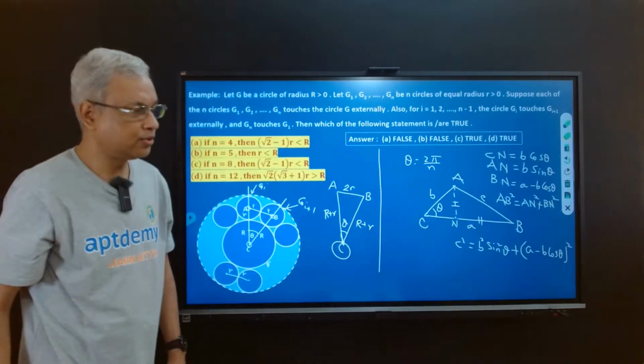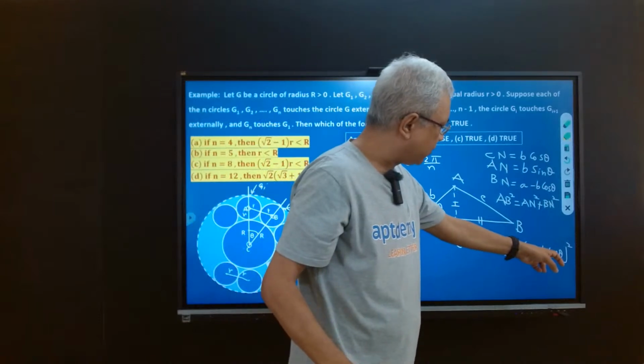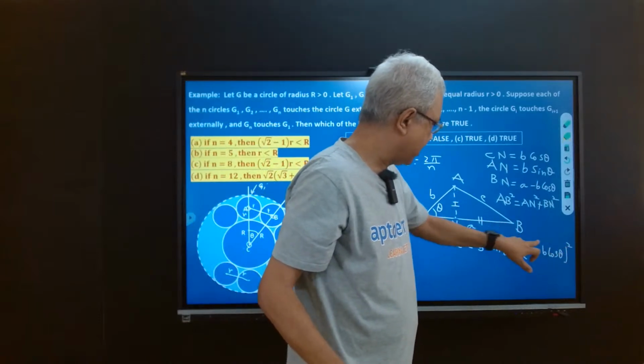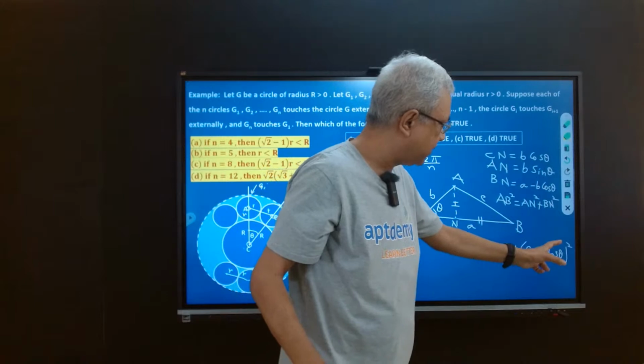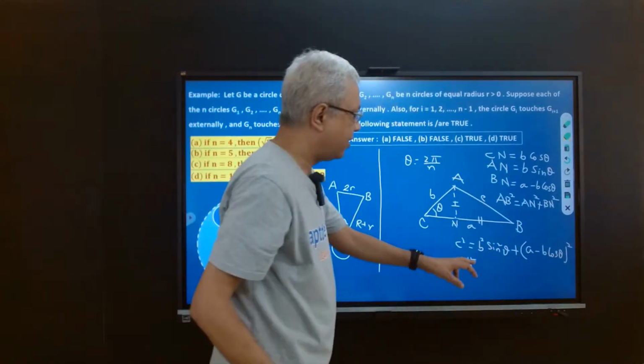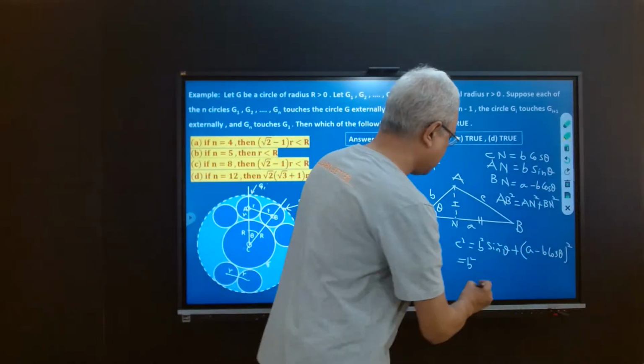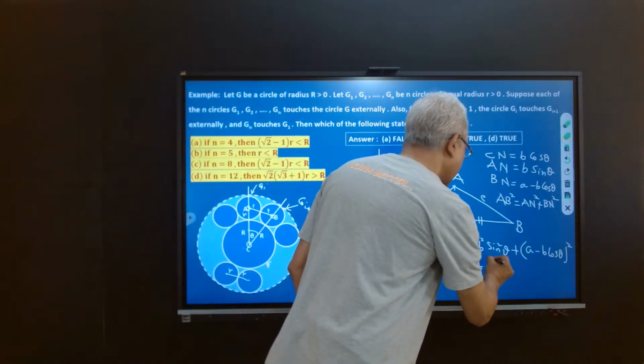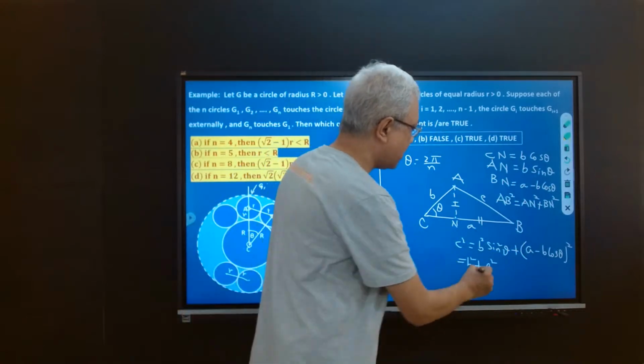Up to this, no doubt. So there will be one b square cos square theta to make it square, and there is one b square sin square theta. When they are added, it gives b square. From this square, I get one a square also, and I get minus 2ab cos theta.